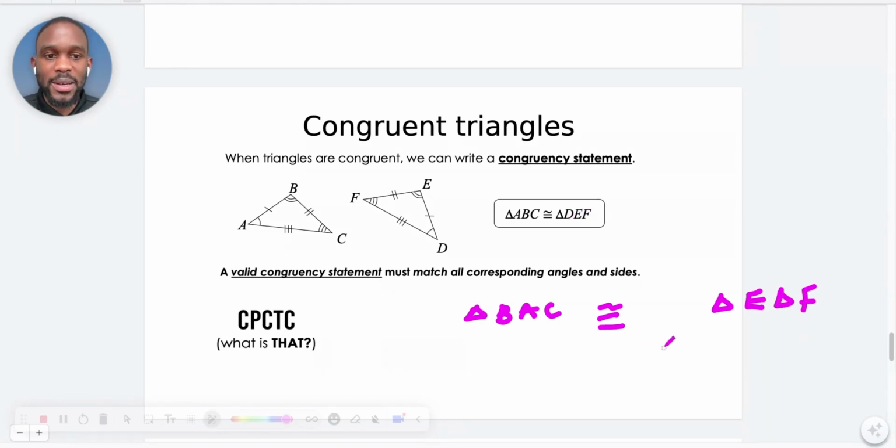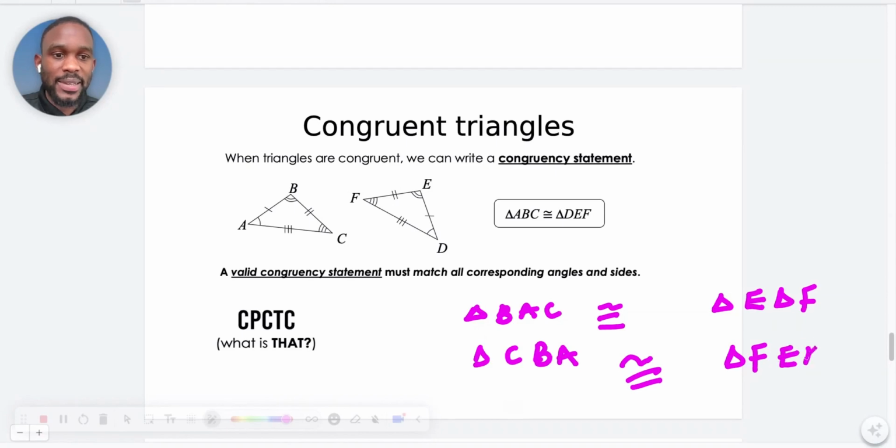That will also be another congruency statement that would hold as long as you keep the corresponding parts congruent. If you want to start with a C here, you would simply write triangle C. That means on this side you have to start with triangle F, right? And then second, first, CBA is congruent to triangle FED. So that is another congruency statement. This congruency statement can be written in so many combinations, but it would still mean the same thing.